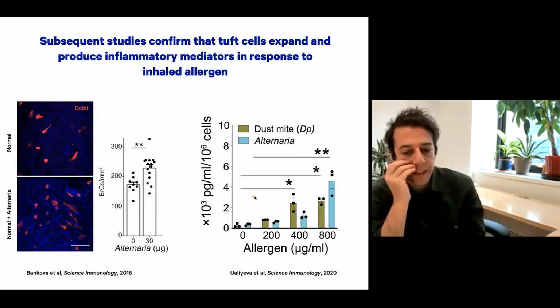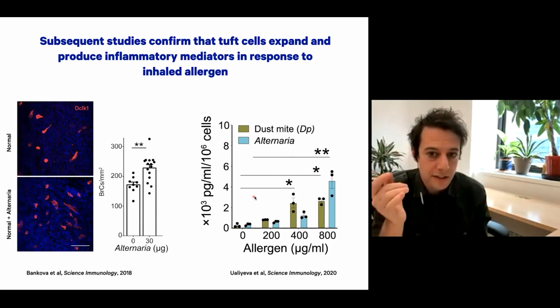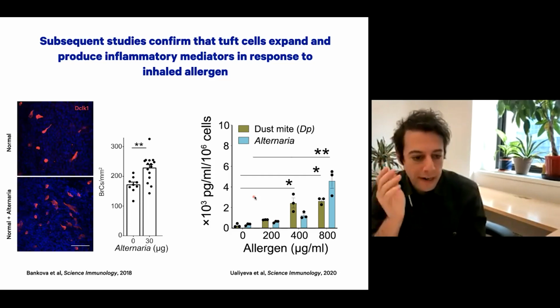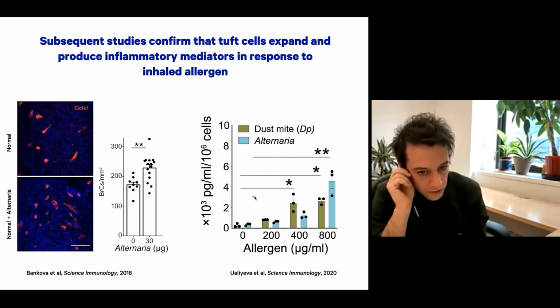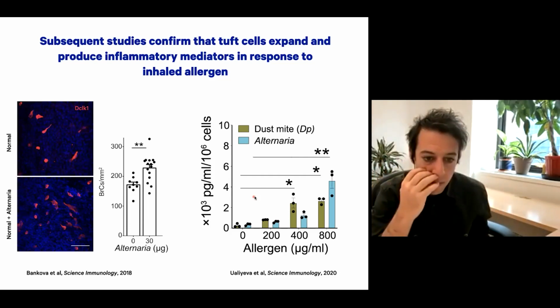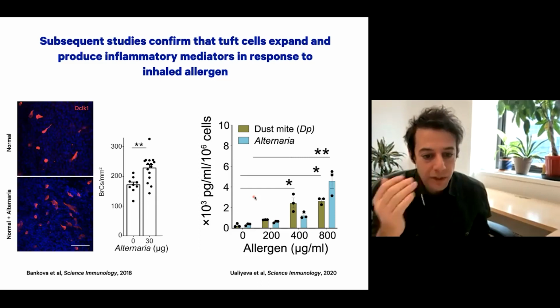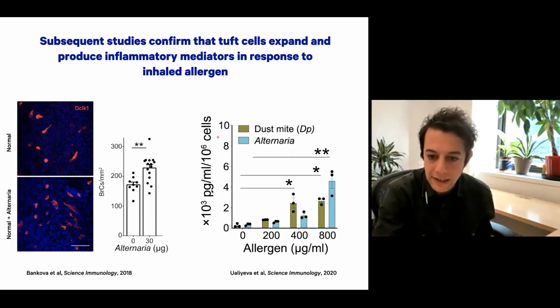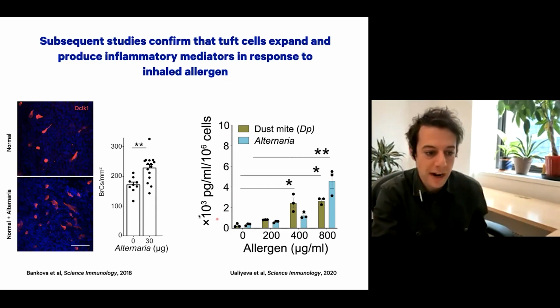So after showing that these molecules that were needed for the synthesis of eicosanoids were present, Laura Bankova's group then was able to show that it's not just that these transcripts are present at the mRNA level, but these molecules are actually produced at very high levels in response to an allergen.